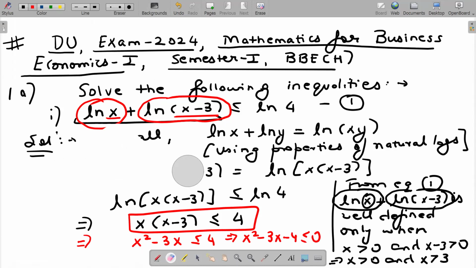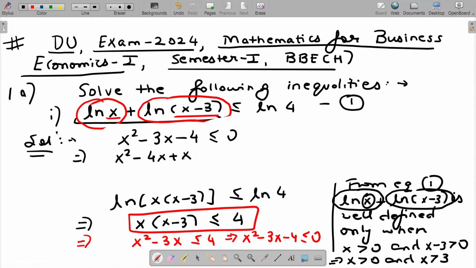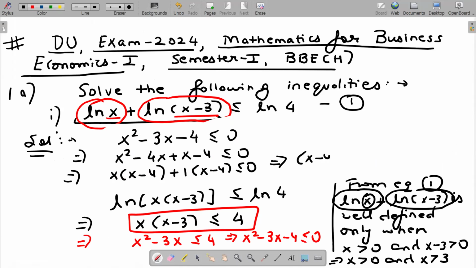If I erase this portion off, so I got x square minus 3x minus 4 less than or equal to 0, which I can write as x square minus 4x plus x minus 4 less than or equal to 0. I did the middle term splitting. I can take x common in the first term, which leaves me with x minus 4 plus 1 times x minus 4 less than or equal to 0, which gives me x minus 4 into x plus 1 less than or equal to 0.